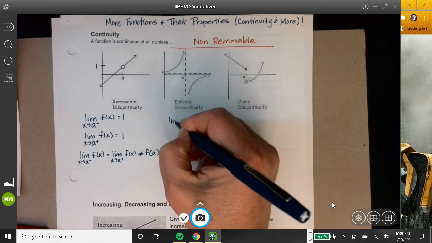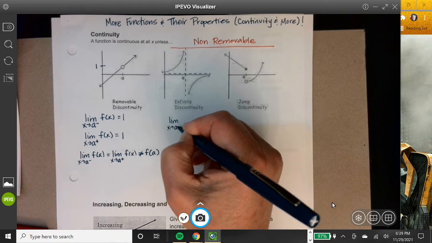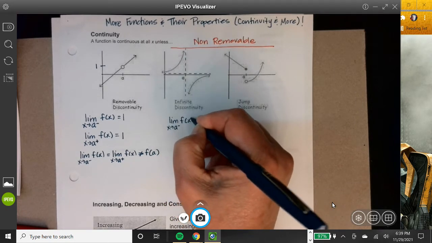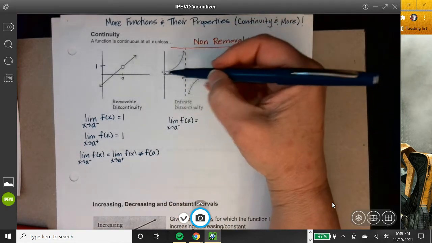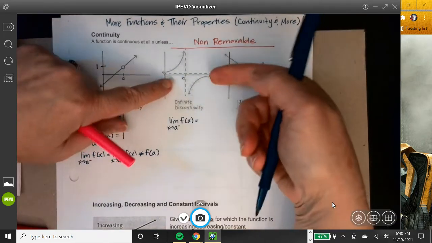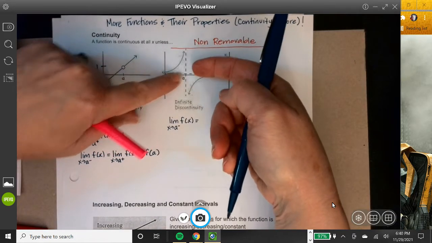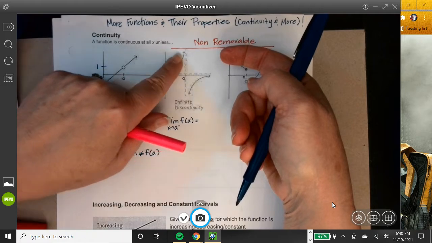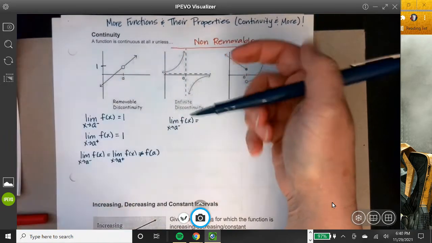The limit as x approaches a from the left side, or the negative side, of f of x here: as x gets closer and closer to a, my y is getting closer and closer to, from the left side, positive infinity.